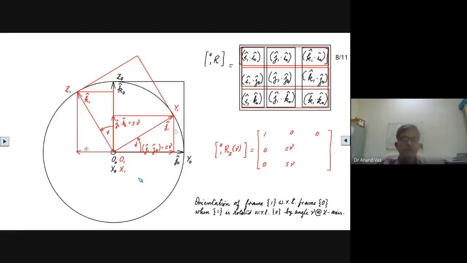So naturally this is going to be negative. K1 dot J naught is equal to minus sine of gamma.